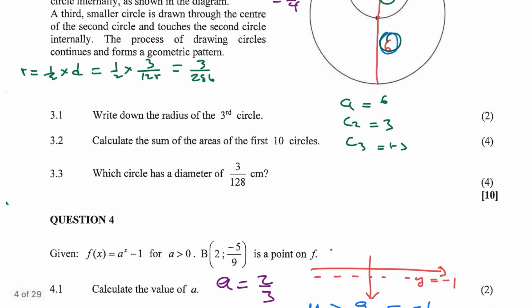We know we're dealing with a geometric sequence, so we need to find r. To find r, you say the second term divided by the first term. So your r is 3 over 6, and dividing by 3 on both sides, that is going to be 1 over 2.